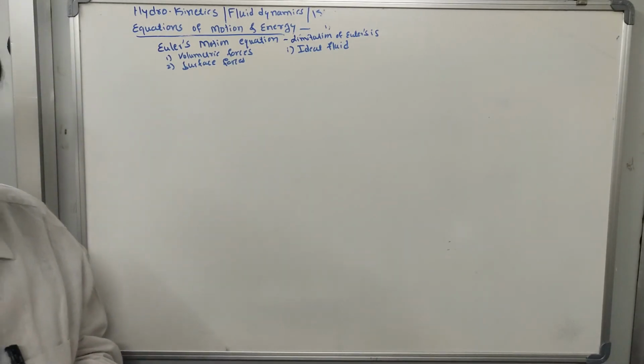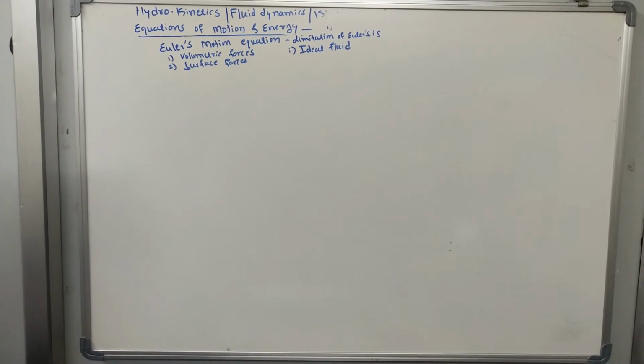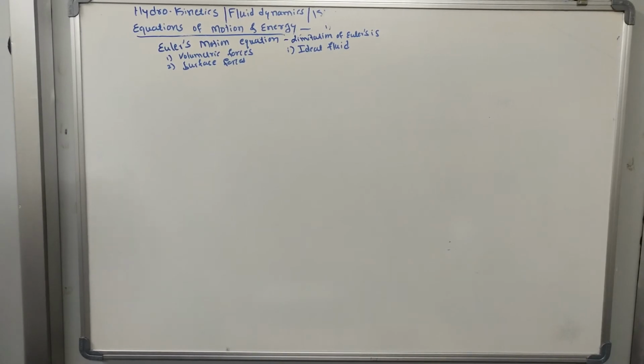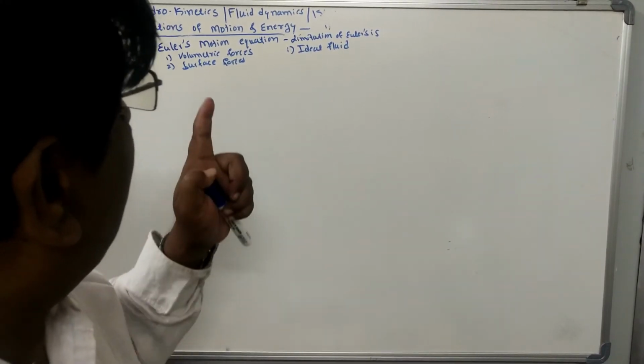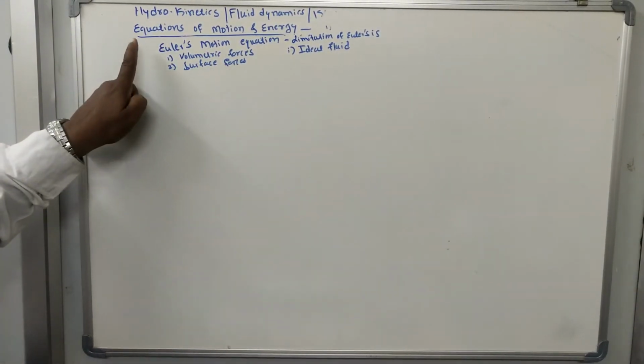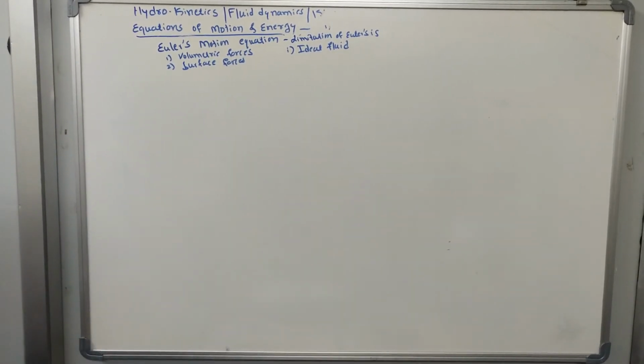Ideal fluids are theoretical fluids, and such fluids do not exist in practice. However, we use the same motion equations, the Euler's equations, for real fluids also, because mathematically there is not much difference. So the basic equation we are deriving is the Euler's equation, considering only two external forces, volumetric forces and surface forces.